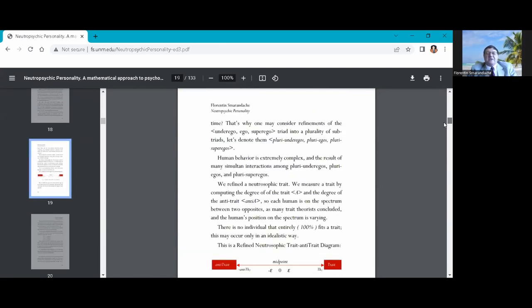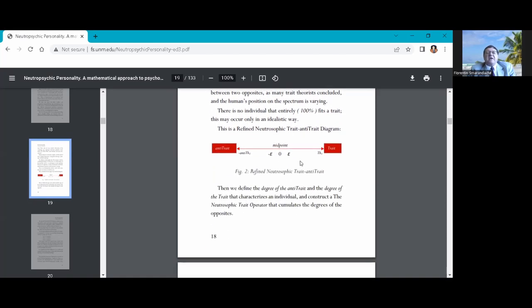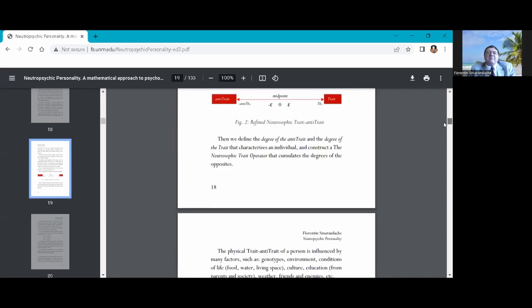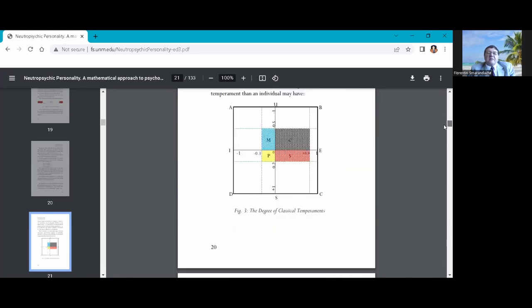The same thing, the threat of a personality, we may have a threat and anti-threat diagram and vary between both of them. So we are actually partially each of them. Like we know something, we know a little of everything, in this way.